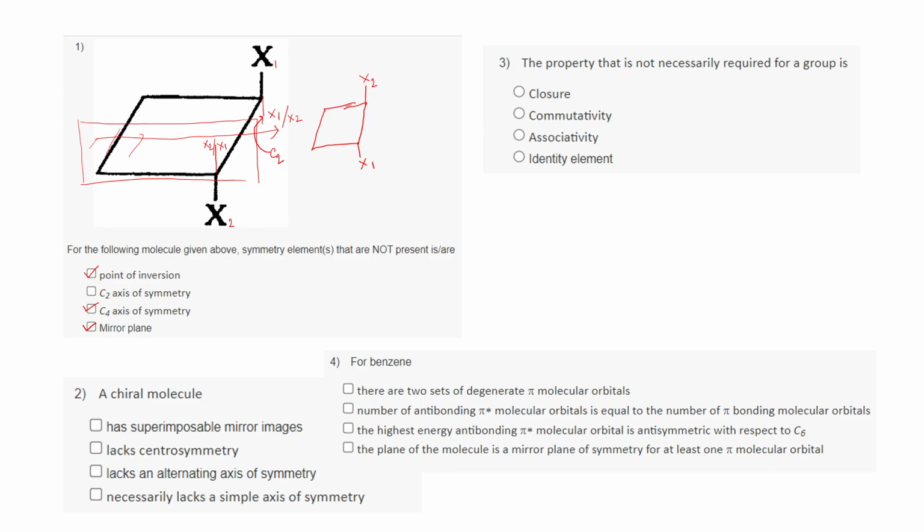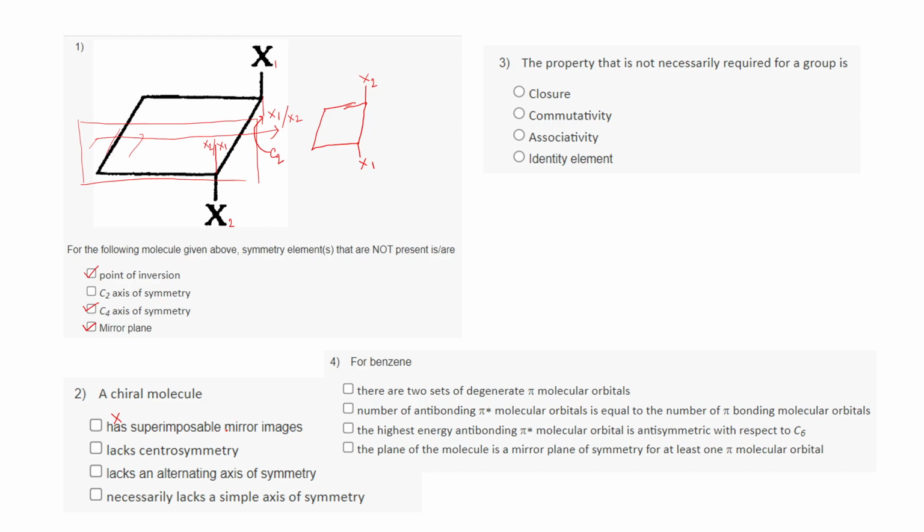If the mirror image cannot be superimposed, then we can call a molecule chiral. So from the first option, from the definition itself, you can see that a chiral molecule will not have a superimposable mirror image. So this is not a correct option to choose. Okay, so the first option goes out.